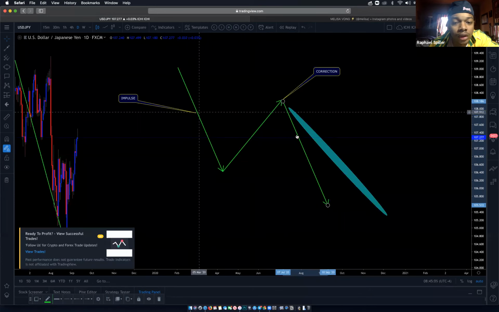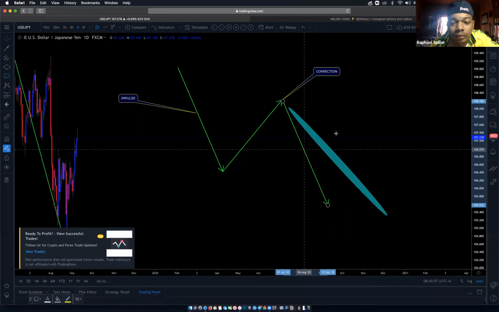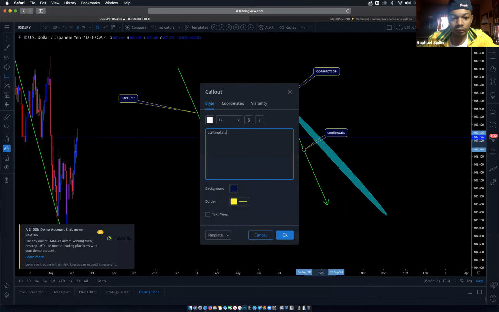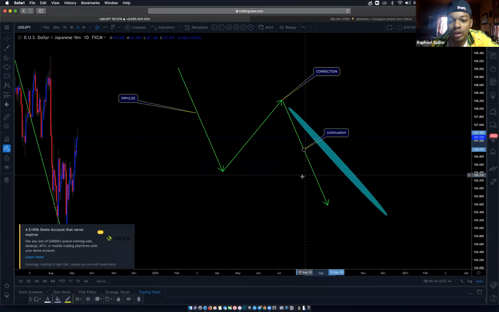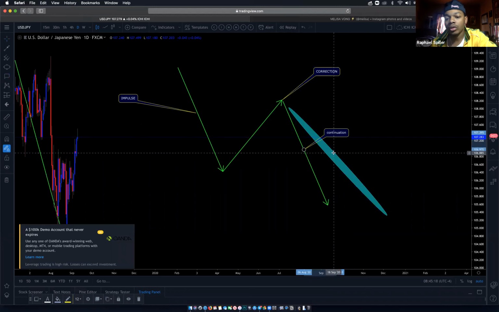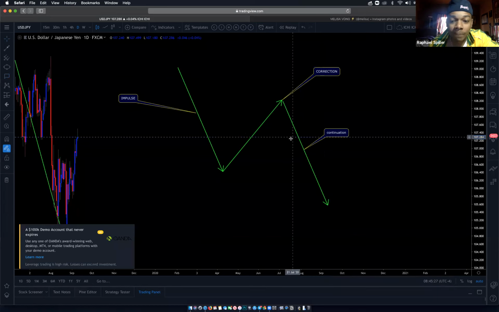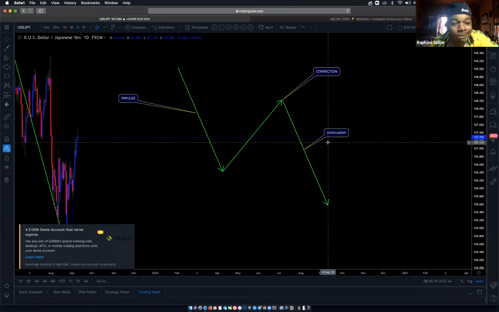The continuation equals the impulse. It's 100% of it, correct.